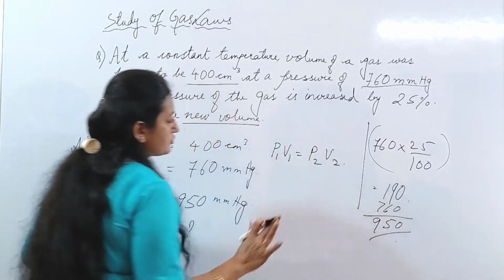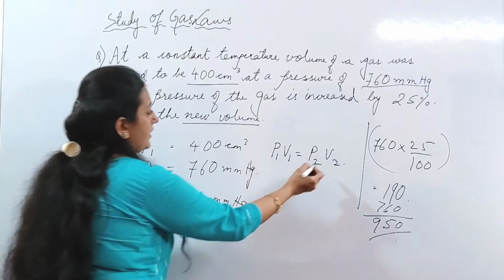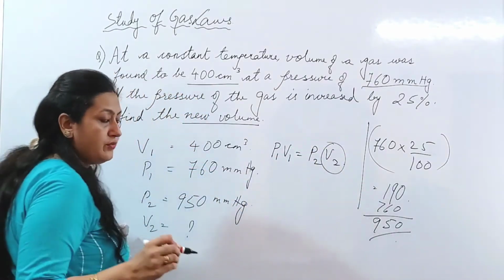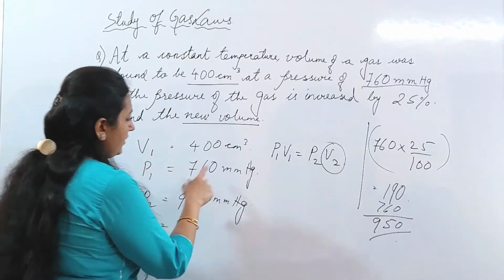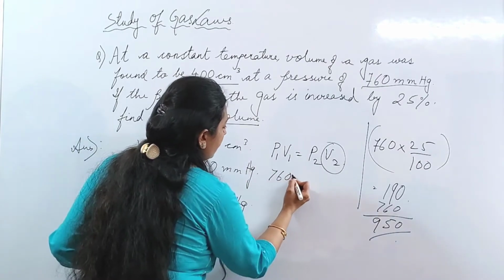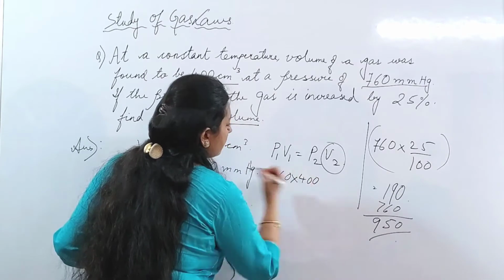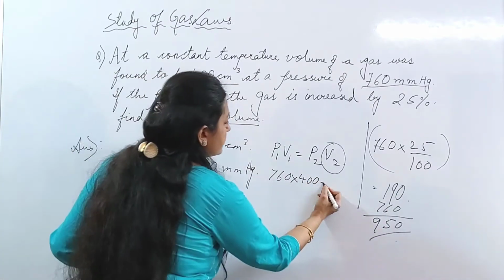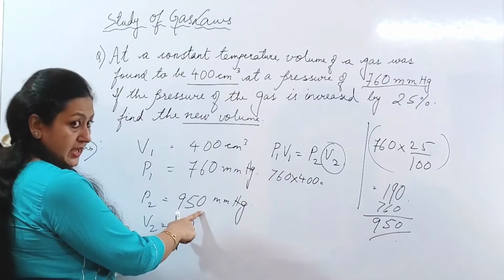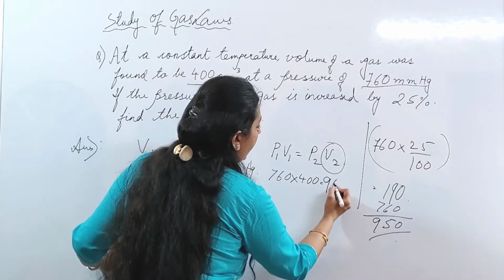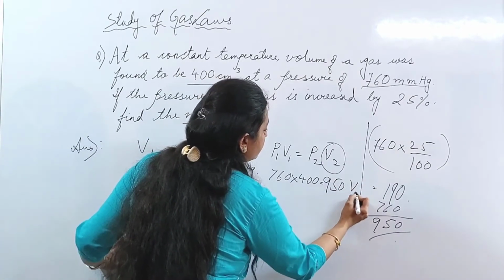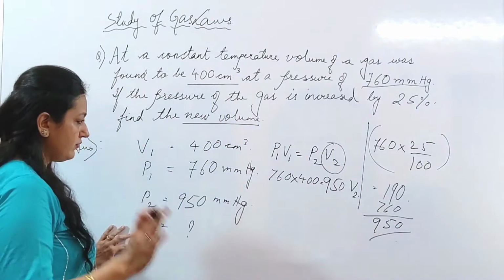You simply have to put down the values and find out the value of V2. What is P1? It's 760. What is V1? It's 400. This is equal to, what is P2? 950 and V2. You have to solve V2.